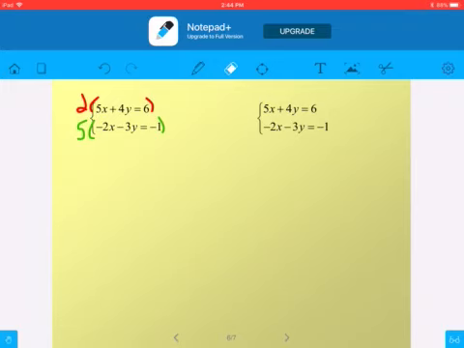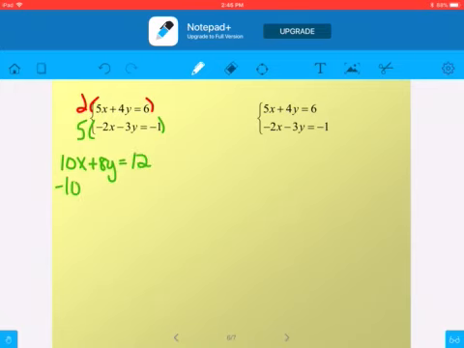And the reason why is because that'll make my top equation have 10x and my bottom equation will be negative 10x. So my new equations are 10x plus 8y equals 12.